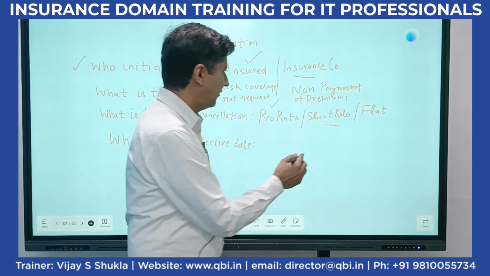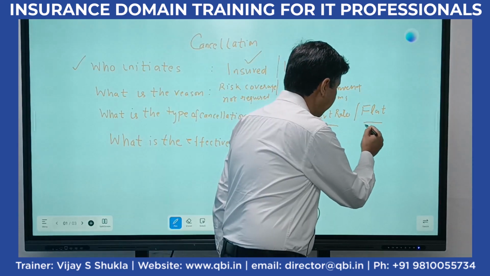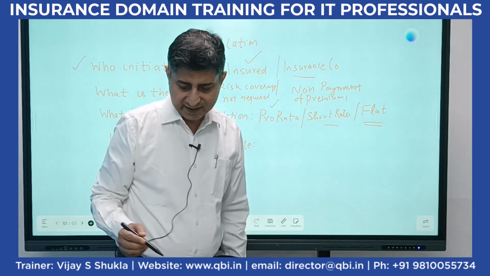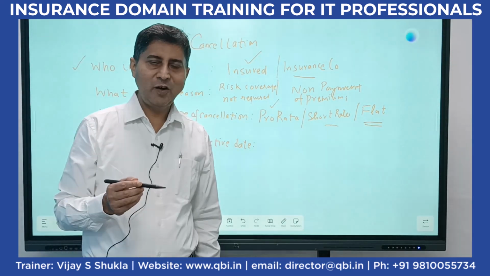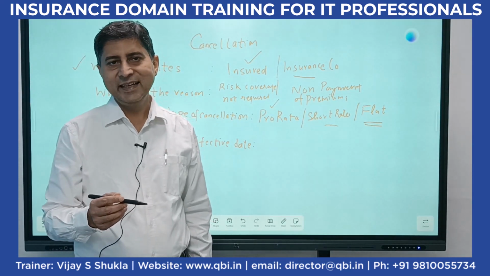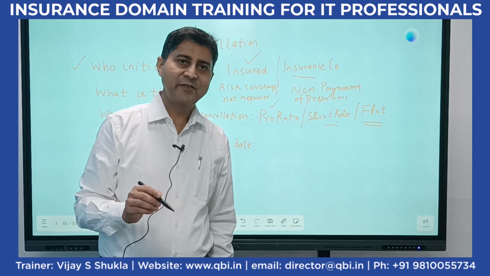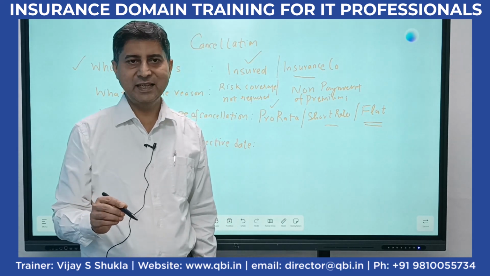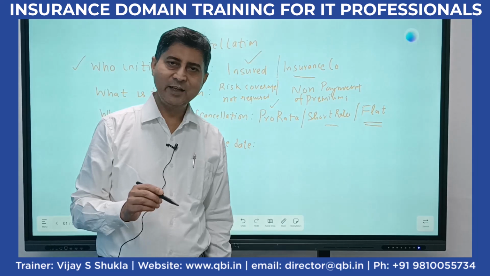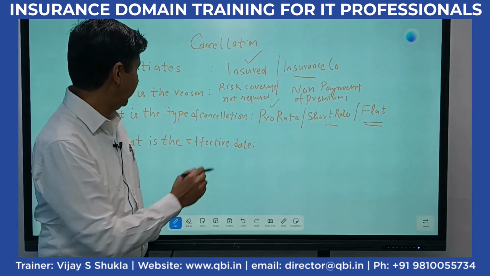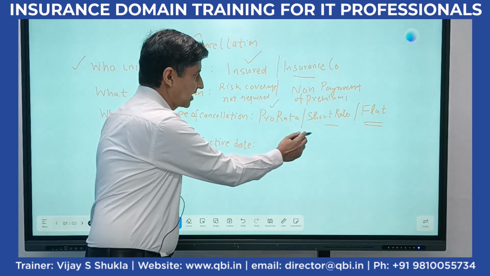Third is the flat cancellation. Flat cancellation typically happens when the policy contract is void and the insurance company cancels the policy right from the effective date or inception date, so no coverage is there and the whole premium is refunded. So 3 types of cancellations: pro rata, short rate and flat.